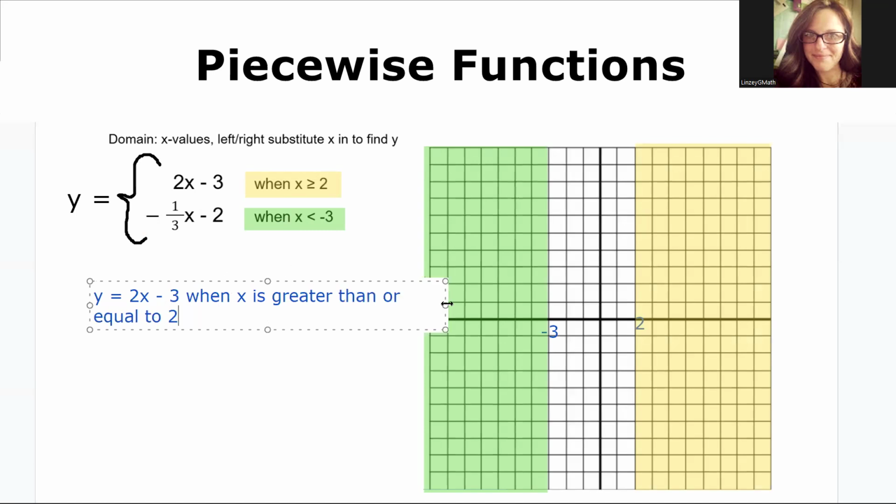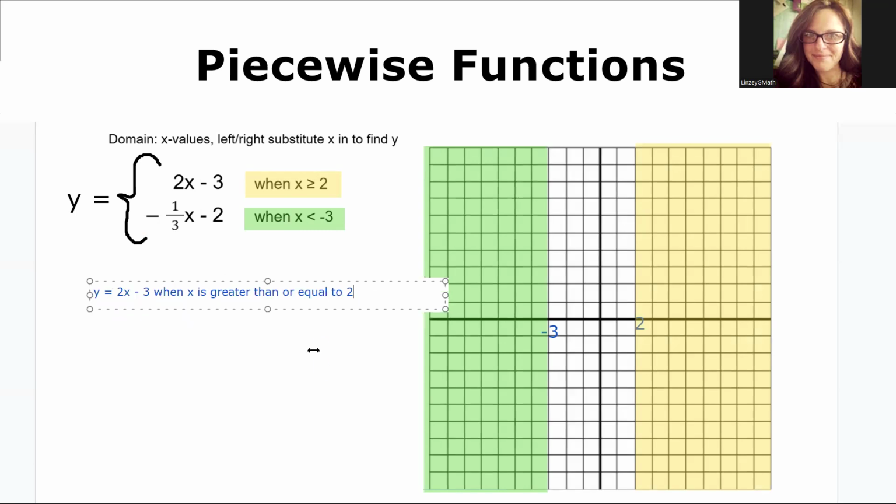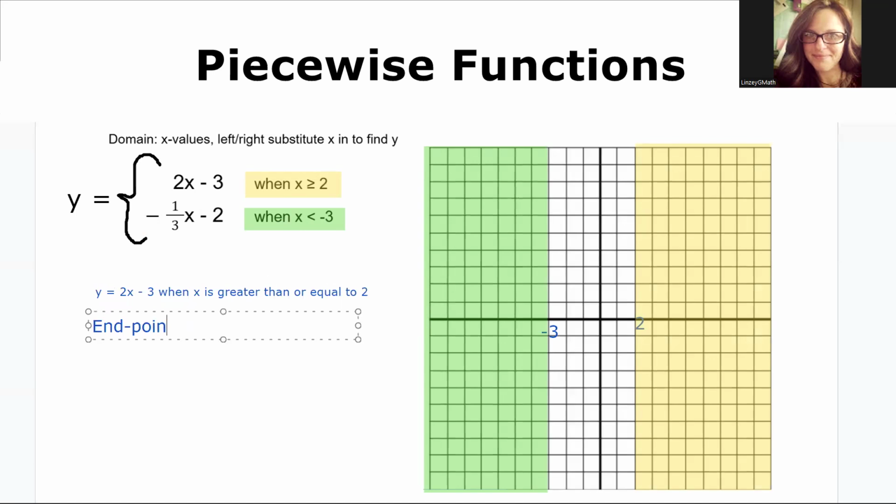Let's take a look at finding the end point. Let's substitute x equals 2 into the first piece.